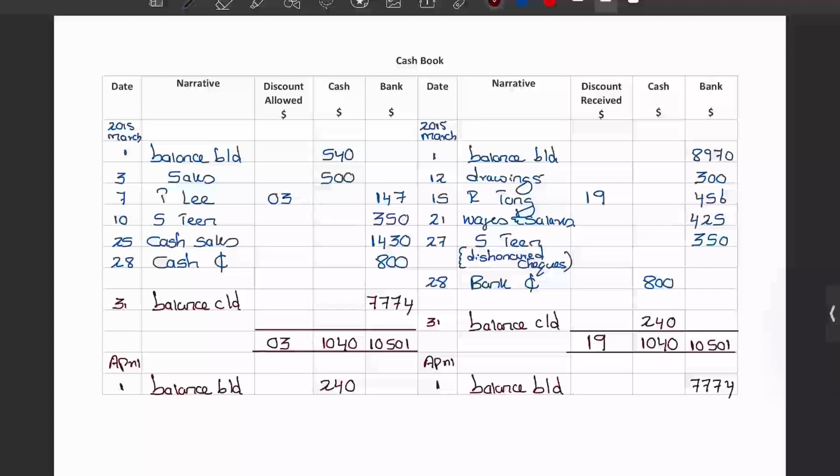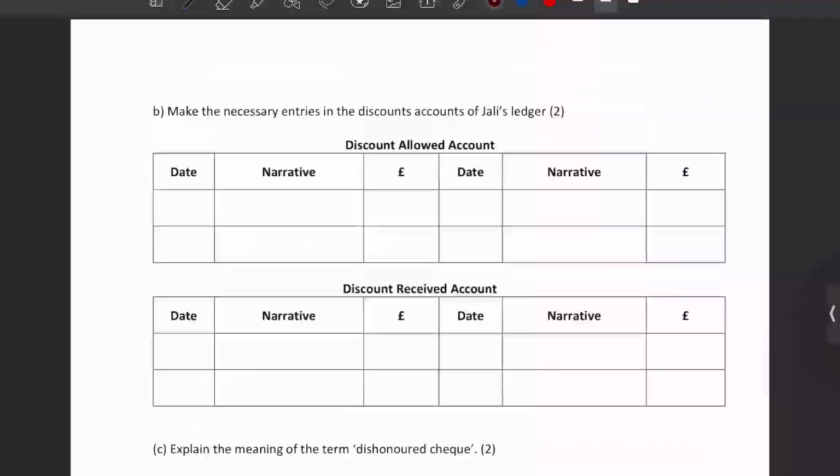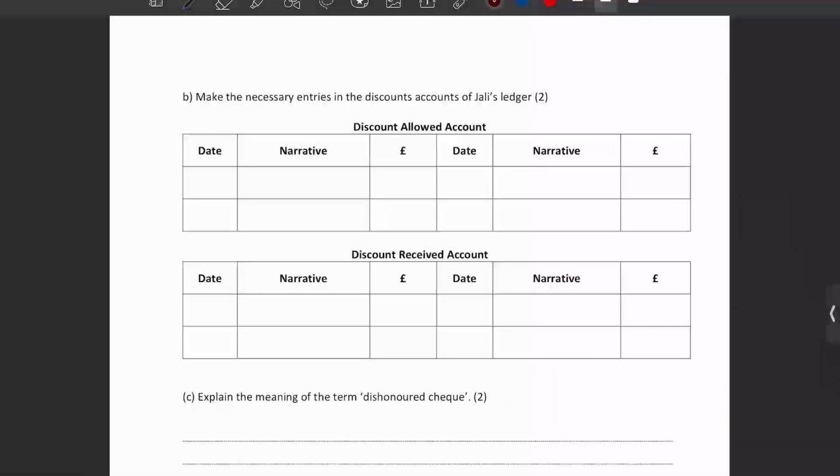Okay, now what you're going to do, same question, there is one more part. This question covers everything that you need to know. Make the necessary entries in the discount account of Darley's ledger, right? Let's see your basic knowledge. In accounting, expenses are always debited.